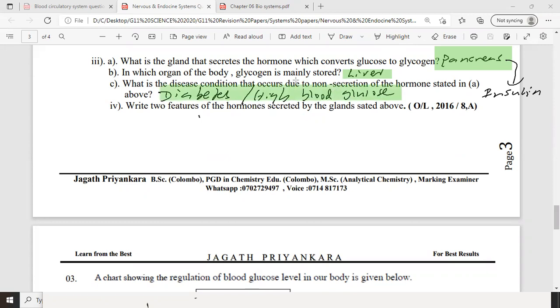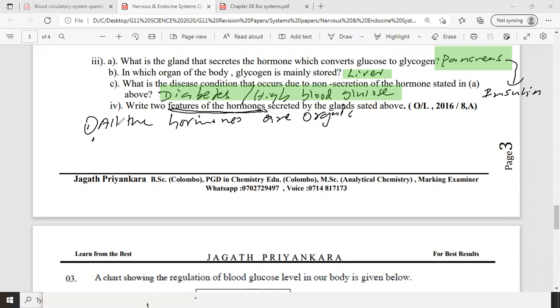Last part. Write two features of the hormones secreted by the glands stated above. Any hormone, like we have done, the major characteristics. Number one, all the hormones are organic. What else?